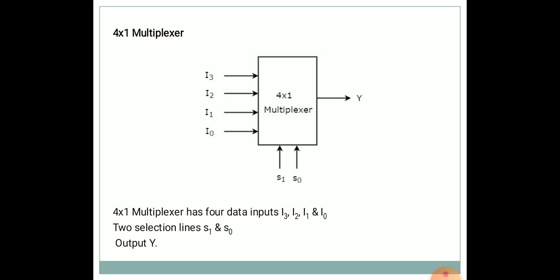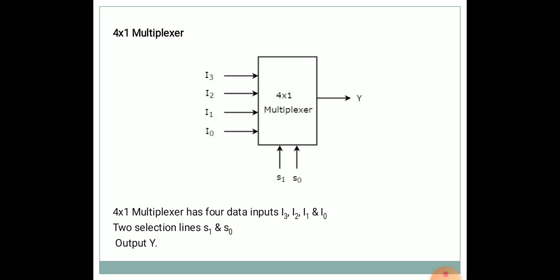These are all the input lines given to the multiplexer. With these 4 input lines, the multiplexer gives just one output. The output of the multiplexer here is Y, and for this it uses two selection lines, S1 and S0.